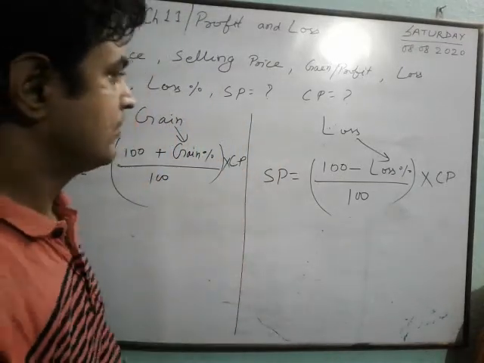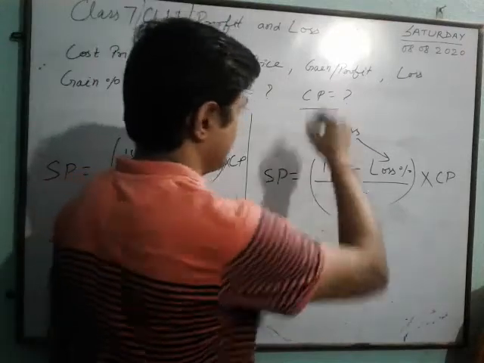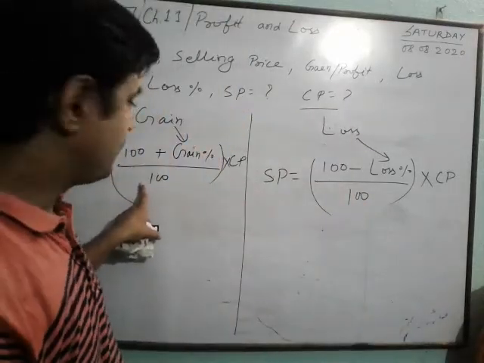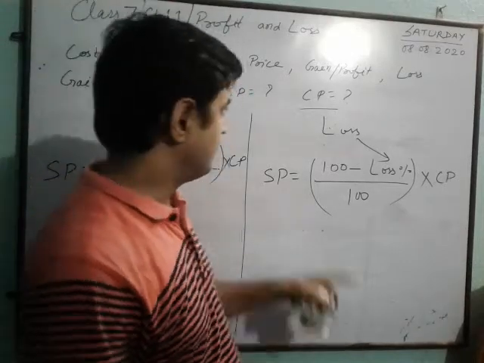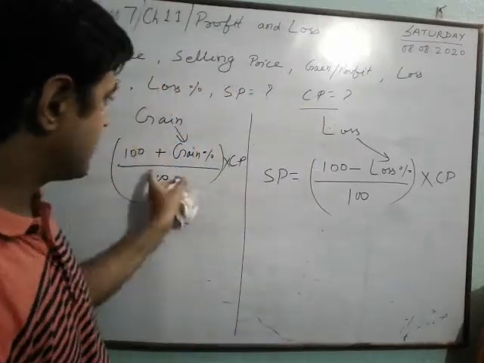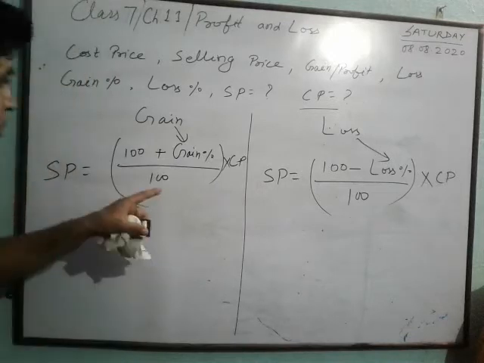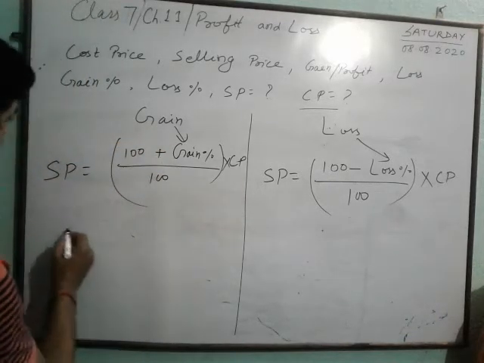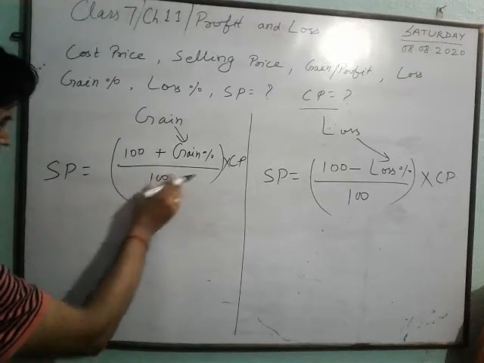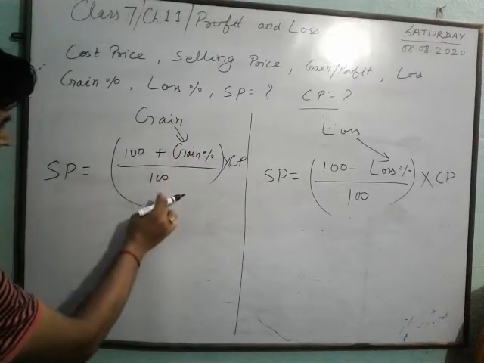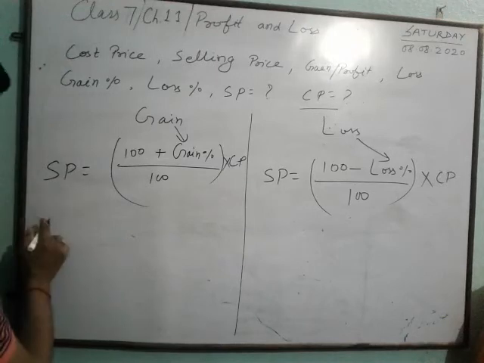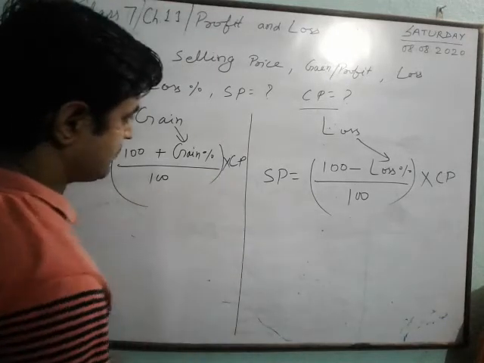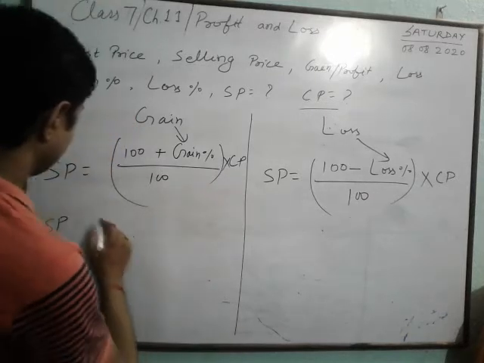And next, CP. If we can remember this formula, then we will get this by just transposing the term. So, in case of gain, CP equal to, let us transpose 100 plus gain percent by 100 to LHS. In LHS we have SP, and in RHS we will keep only CP.